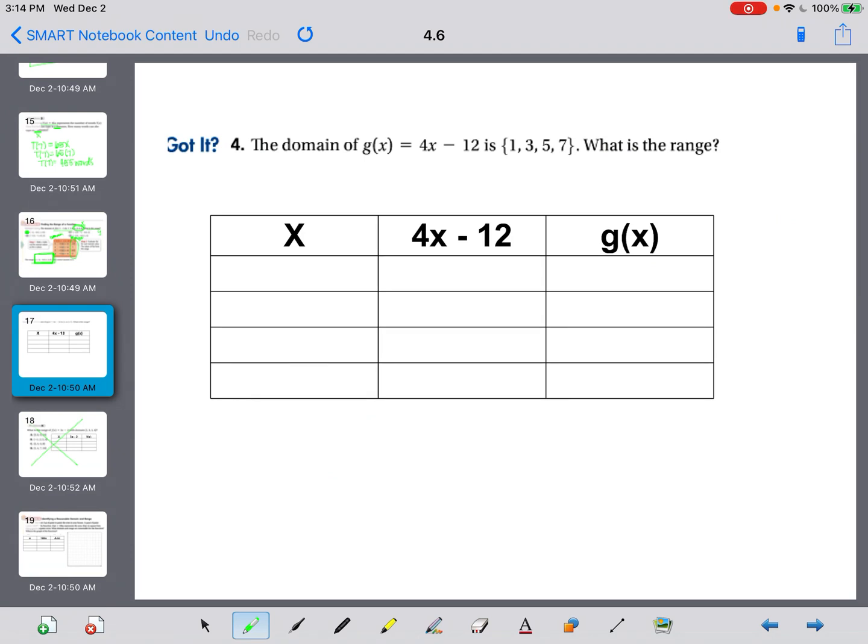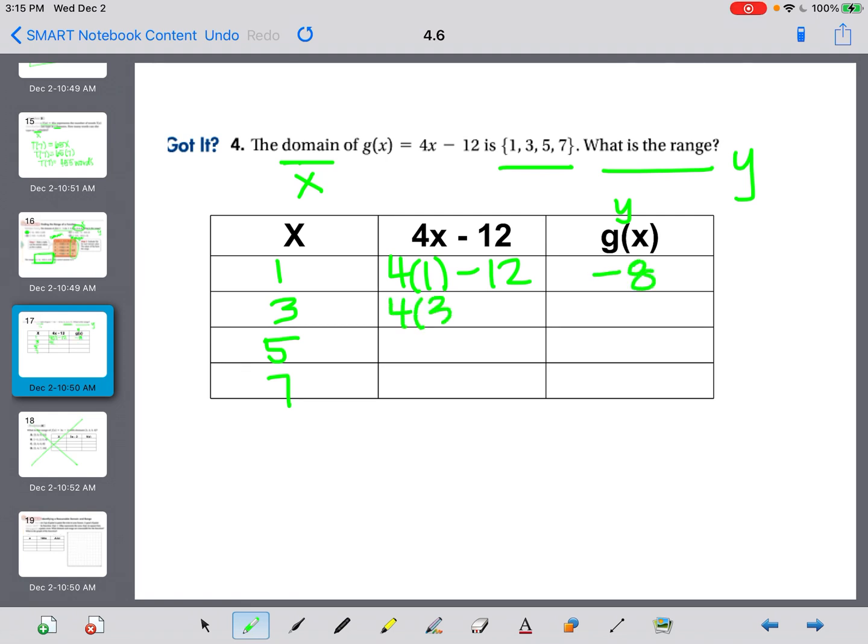So we'll do one together. The domain of g of x equals 4x minus 12 is 1, 3, 5, and 7. So they're telling us that our domain values are 1, 3, 5, and 7. What is the range, or the y values? That's these. So we need to plug in. 4 times 1 is 4, minus 12 is negative 8. 4 times 3 is 12, minus 12 is 0. 4 times 5 is 20, minus 12 is positive 8.